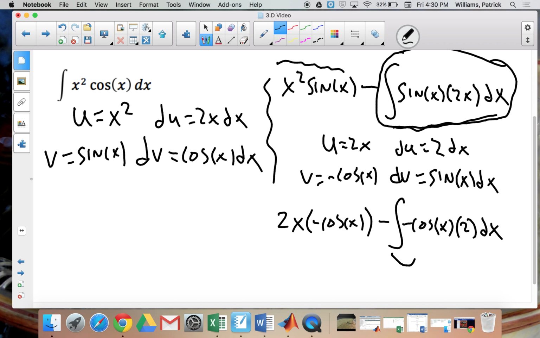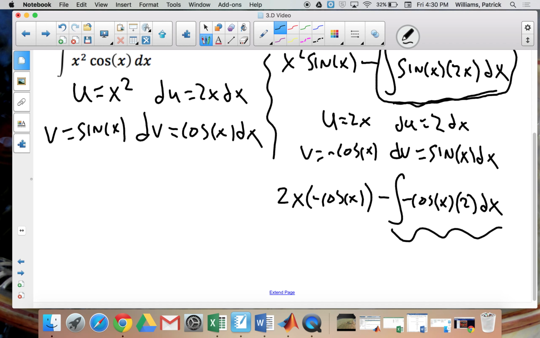And so now we see, finally we got an integral that we can solve. Okay, this one works out. This one's nice. All right, so if we go ahead and solve all this, we'll end up getting negative 2x cosine x, plus 2 sine of x, plus c. Now again, that's the solution just to this integral right here.